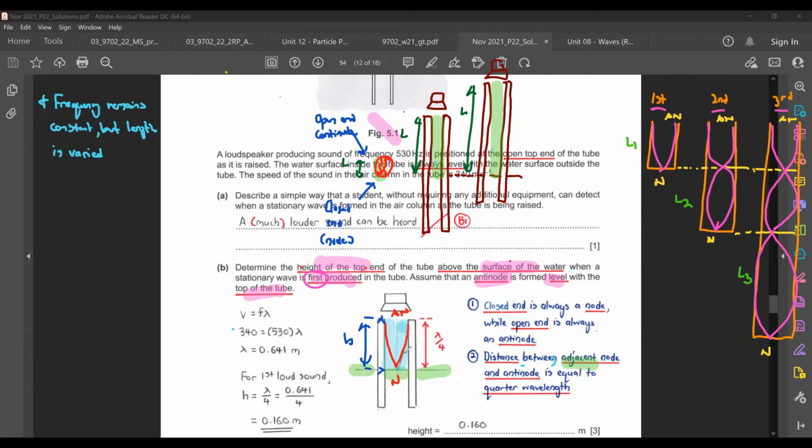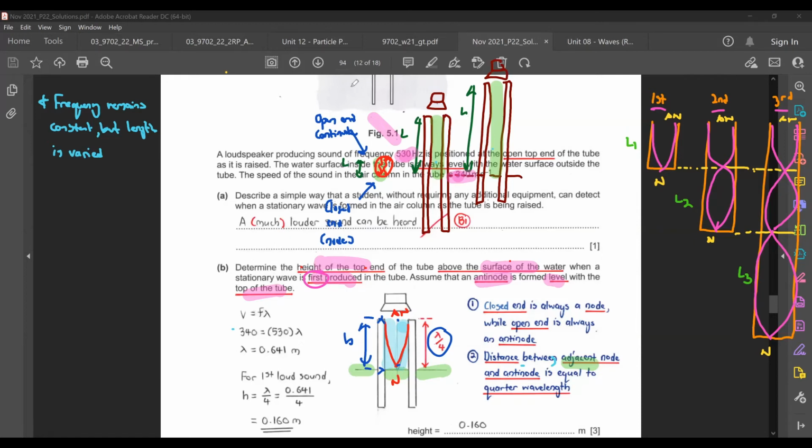So at the same time, you will notice that this is actually from antinode to node. It's the antinode to node distance, which is by right lambda over 4. But you have an issue here right now in the sense that you do not know what lambda is. So you have to use another separate equation to find out what lambda is. We already know the speed and frequency of the sound wave, 530 hertz and 340 meters per second.